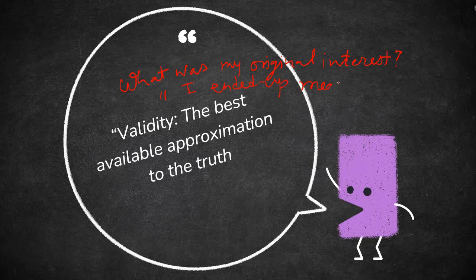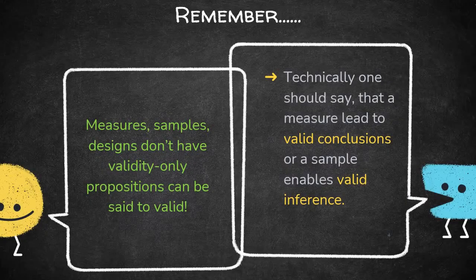If both are the same, then you could say that yes, your measure led you to valid conclusions. So that is where validity comes into the picture. If you want to measure height and you end up measuring weight, that is invalid. So, the best available approximation to the truth.